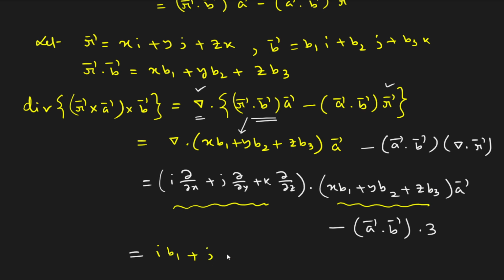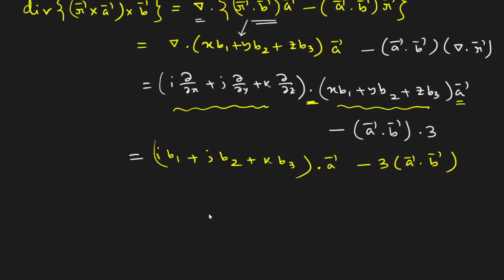Then j into del/del y of the whole term, here we see only y, so the derivative of y is 1, so you'll get b2, and similarly k into b3. Now this particular dot we write here, and in the last, a bar. And this is 3 into a bar dot b bar.